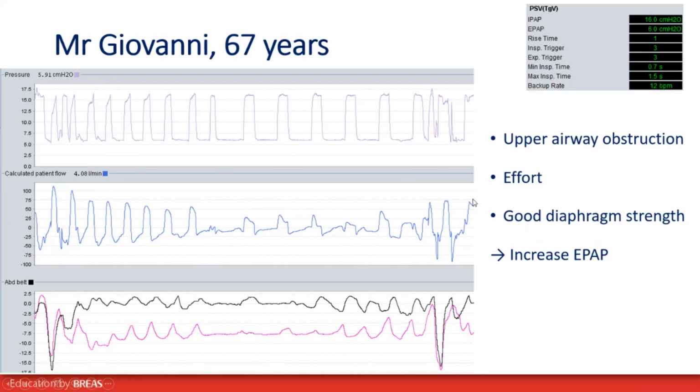So we can conclude that it's an upper airway obstruction with effort, and the diaphragm is good because you see that the effort is nice. Okay, a large increase in the abdominal belt, so it means that the diaphragm strength is good. So in this case, to prevent this event, we have to increase EPAP.